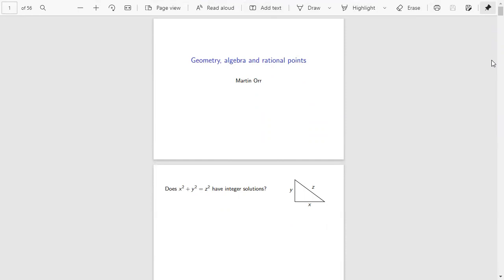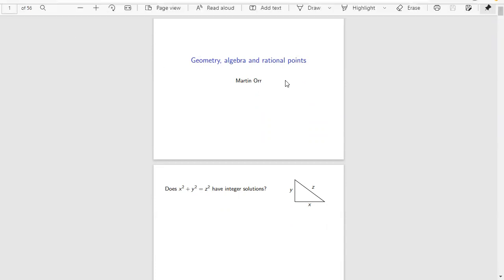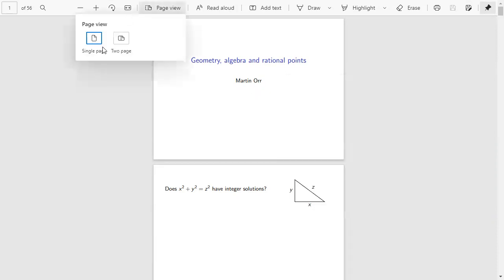Is there a presentation mode? Does anyone know if there's a presentation mode that I can display? Might be page view.